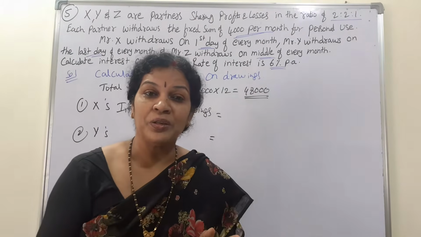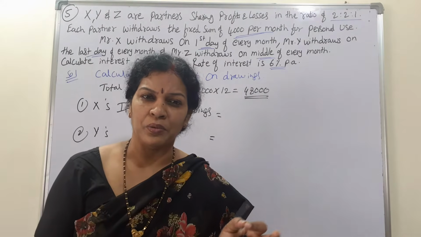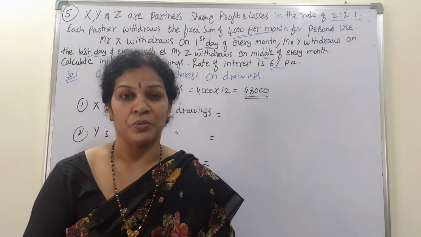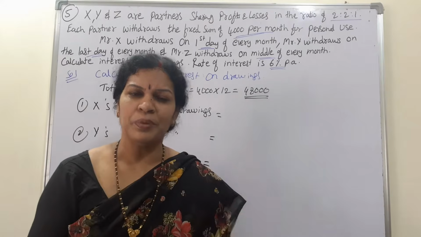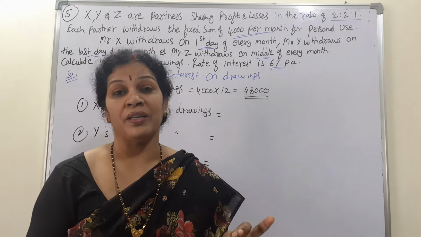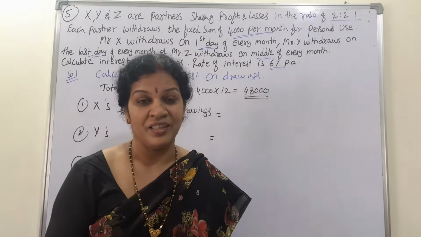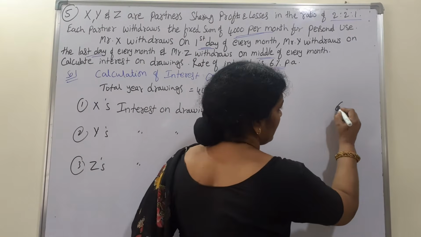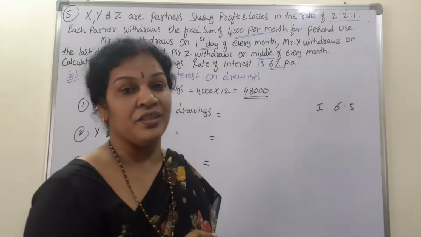For this, you need to calculate every month. If you calculate slowly every month, it comes to 6.5 months only. So rather than calculating all these things, simply remember 6.5 when he is withdrawing on the first day.